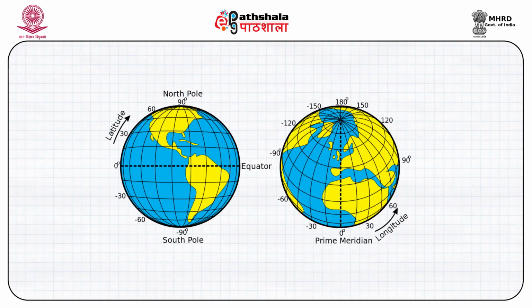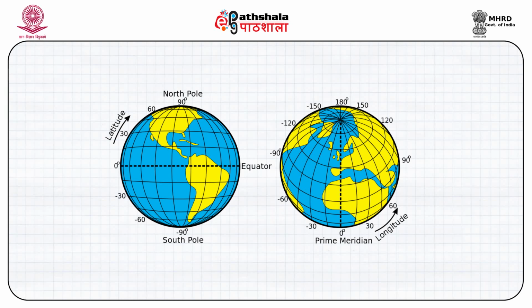We have a grid system of latitudes and longitudes across the world. These latitudes and longitudes give the xy coordinates on the surface of the Earth, and they are known as geographical coordinates. The line which divides the world into north and south parts is known as the equator.